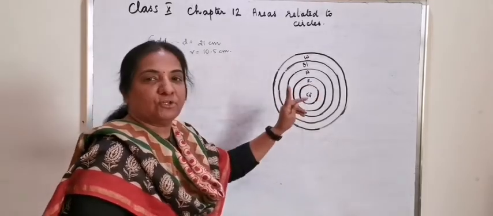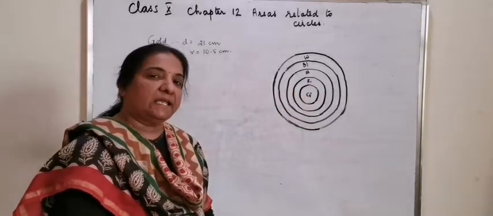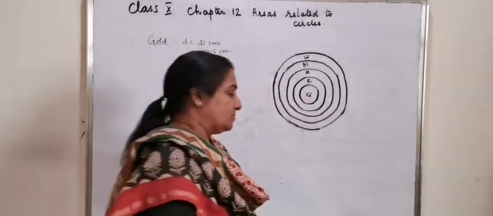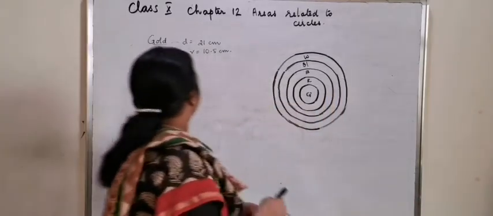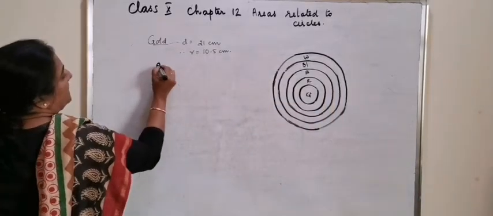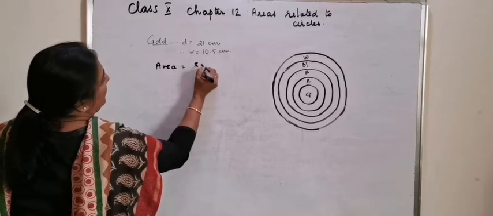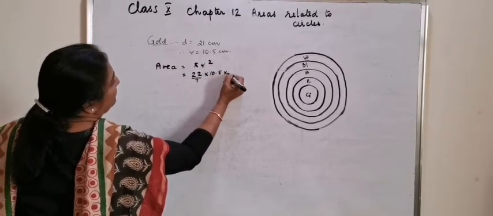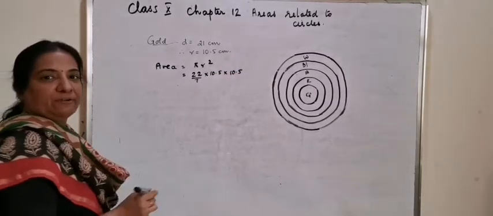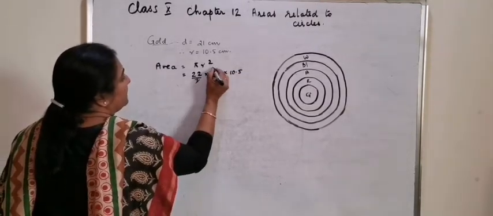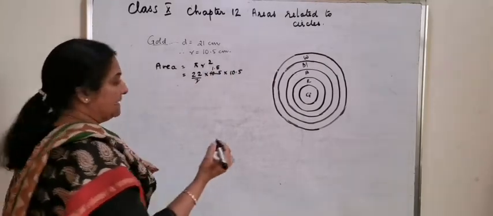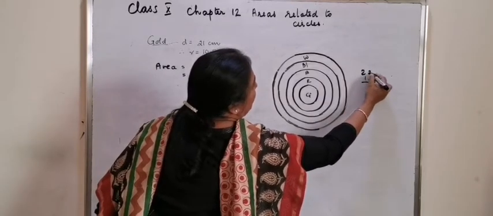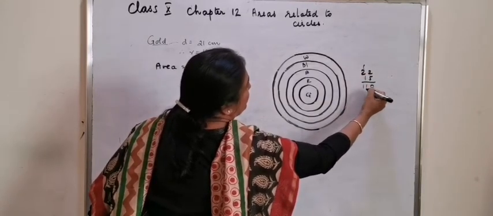To find the area of the gold region, it is directly the area of the circle, because this region is fully representing a circle. So, the first part is gold. Area is equal to pi r square, which is equal to 22 by 7 into 10.5 into 10.5. Now, 7 into 10.5 is 1.5, and let's calculate 22 into 1.5.